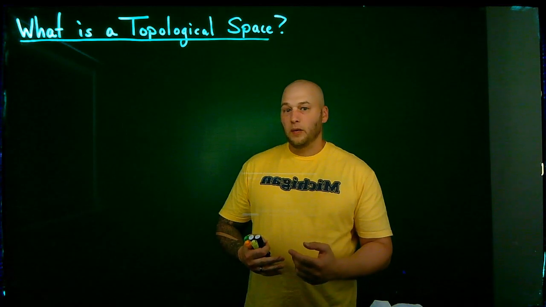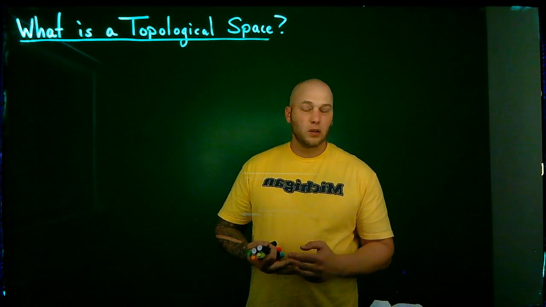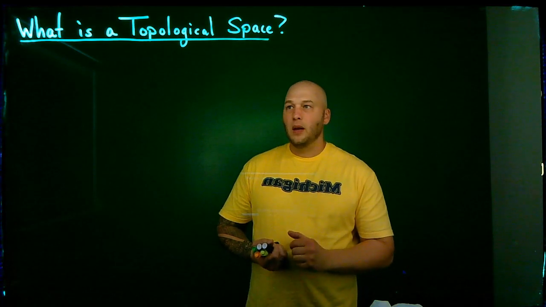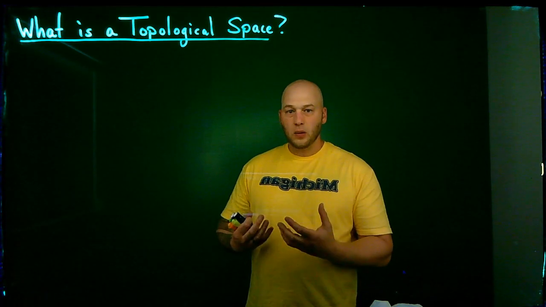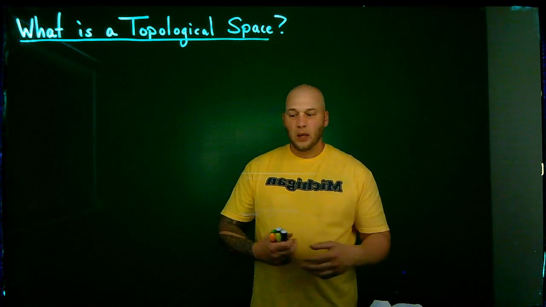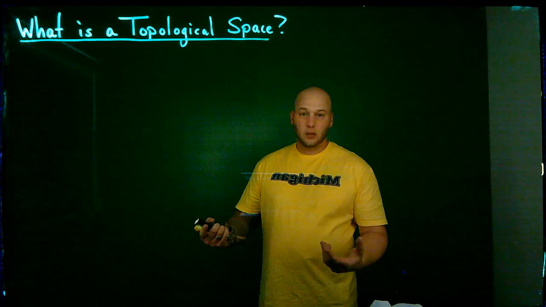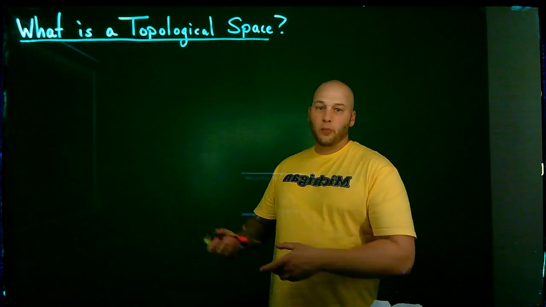You possibly have taken an abstract algebra course where you looked at groups, rings, fields, probably not modules yet, but you've seen examples of a set with an operation. So in other words, you've got a set with something else, a set with certain requirements. That's what you see in those other algebraic structures.